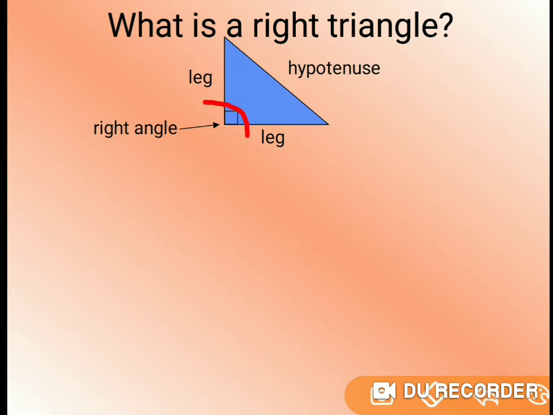This is your right angle and these are two perpendicular sides. The side opposite to the right angle is called the hypotenuse. So this side is the hypotenuse in our triangle.